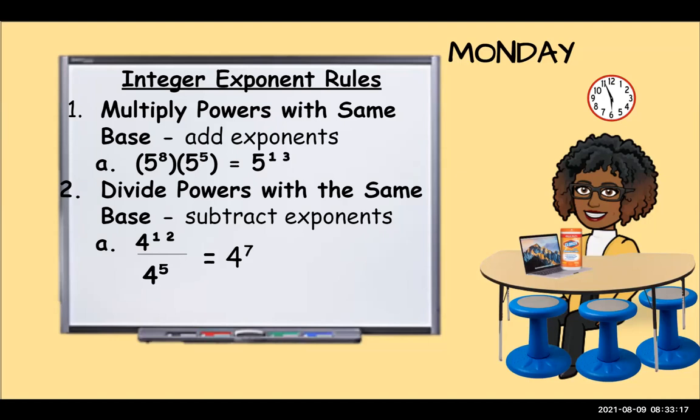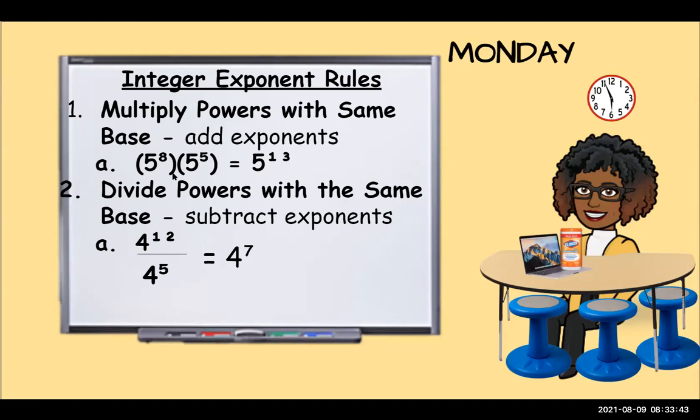All right, the first rule tells us multiplying powers with the same base. Base is which one, the big or the small? Big, good. So an example they gave us 5 to the 8th and 5 to the 5th. 5 is big both times, so clearly that's the base. So anytime I see that a problem got the same base and they are multiplying, this one they did parentheses with no sign. Anytime you see parentheses and no sign, it's multiplying.